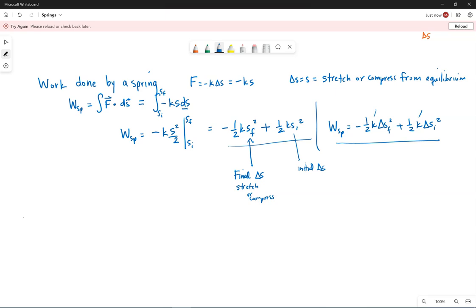So for example, let's say, just for simplicity's sake, we have a spring and a mass, and this is the equilibrium position. I'm going to represent that as 0.